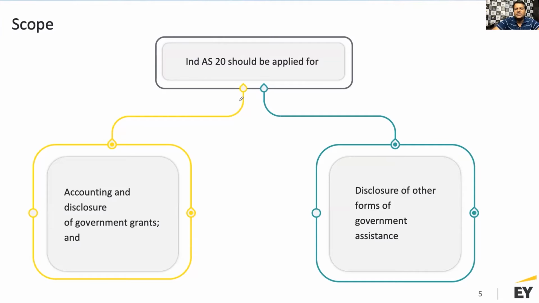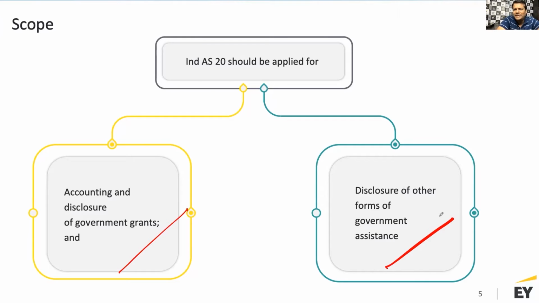Whether this has happened because of the intervention by the government, or because of your own enterprise efforts, strategies, and things like that. And that's the whole purpose. Try to make sure that your financial statements represent the true and fair view, right? True and fair view. And hence we're going to deal with accounting and disclosure requirements of government grants, as well as disclosure of other forms of government assistance, which can come in any other form.